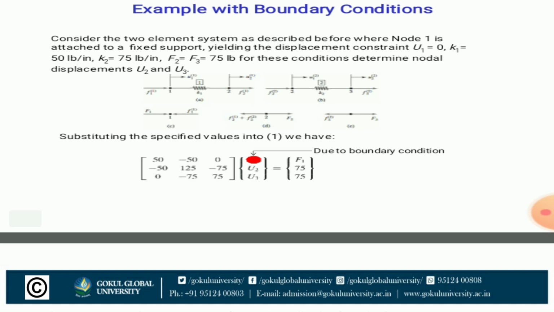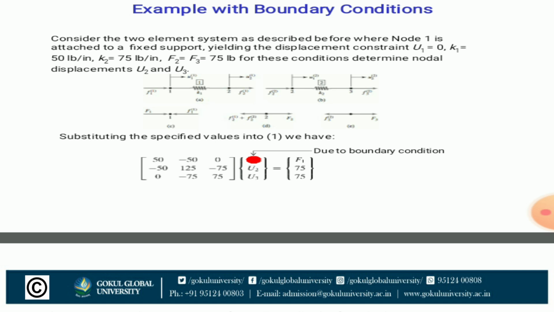The loads f2 and f3 are already given as 75 pounds. For this condition, determine the nodal displacements u2 and u3. Here you have already separated all the elements with the nodes.